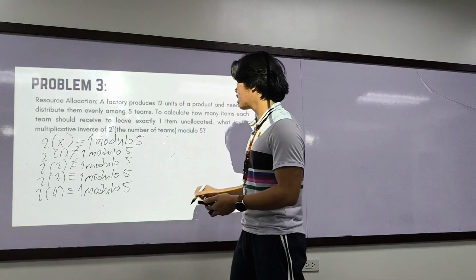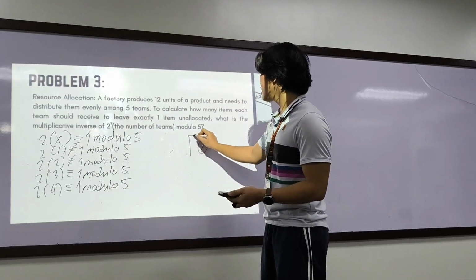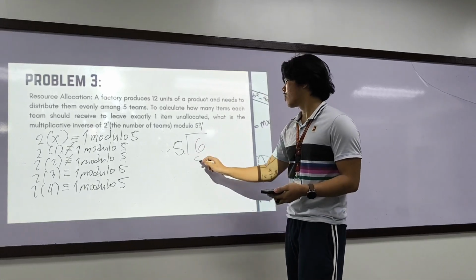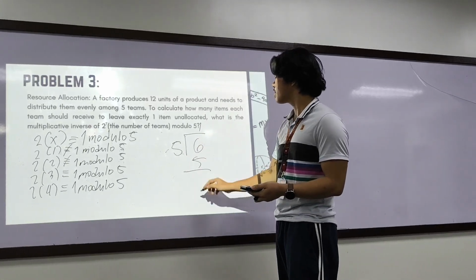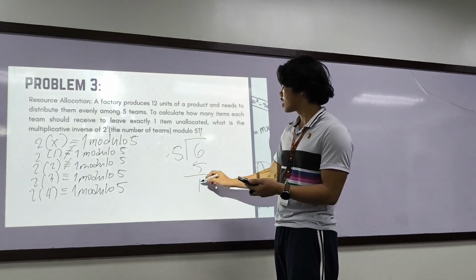So the next number we multiply is 3. So 2 times 3 is 6. And 6 divided by 5 is equal to 1. So 1 times 5 is equal to 5. And 6 minus 5 is equal to 1.